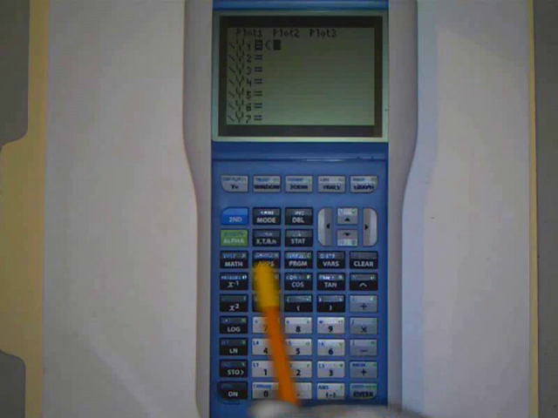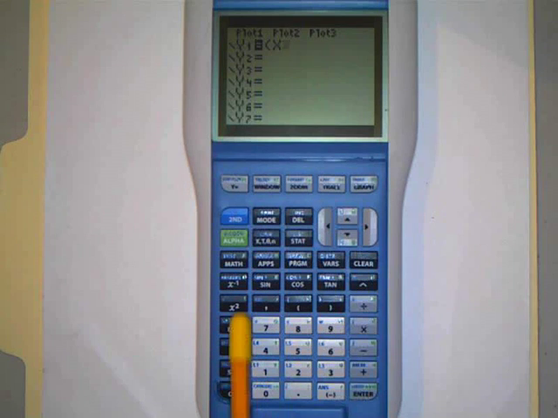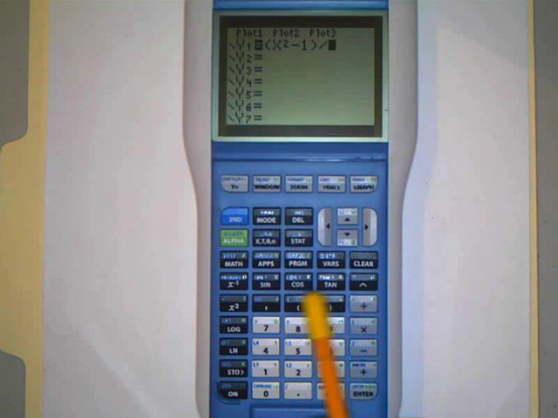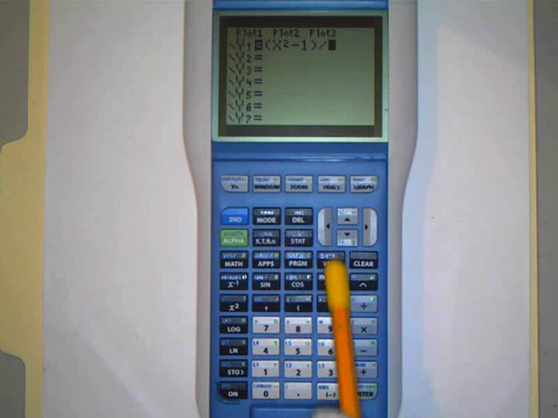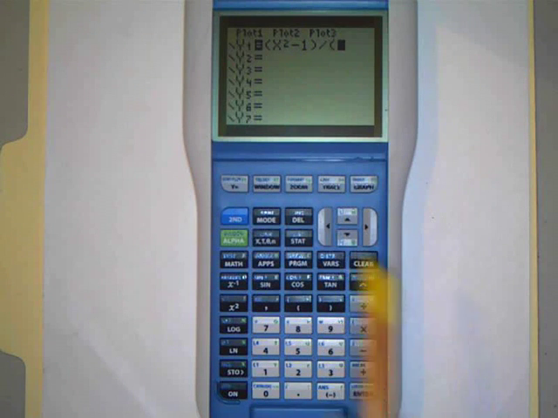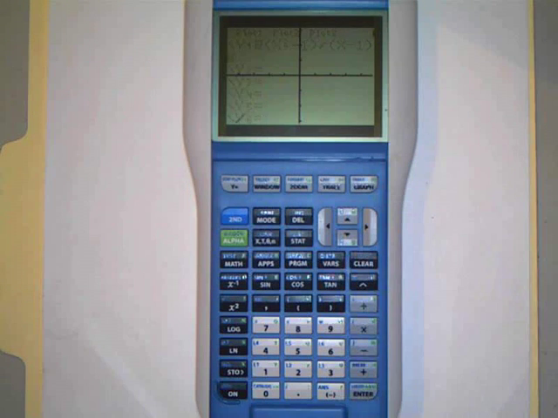So I put a parenthesis, hit x, then the square key for x squared, minus 1, close parenthesis, that's my numerator, divided by, parenthesis, x minus 1, parenthesis, and there's my function. So I'm in good shape. Now I'll just hit graph, and there we go.